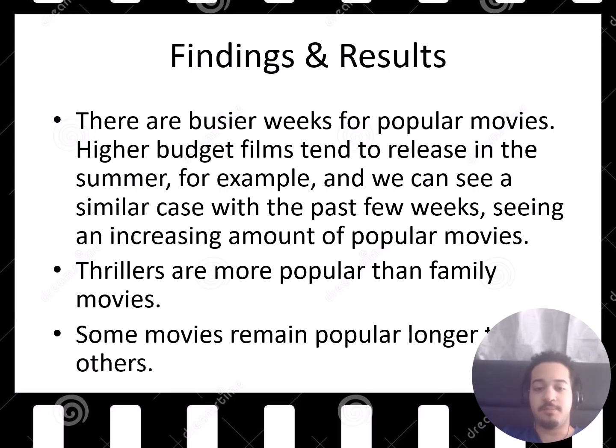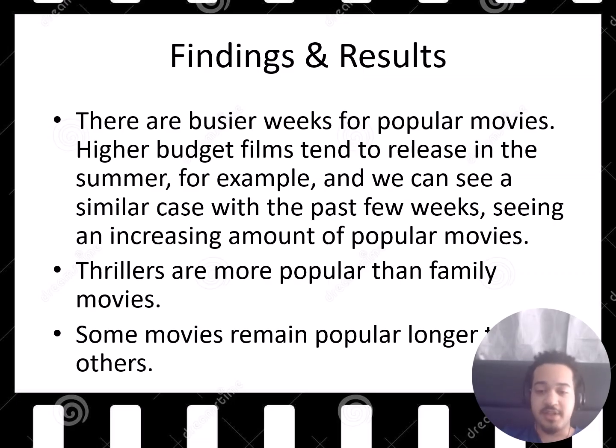Something else that is very obvious if you look at the pie chart in particular with the genres: family movies are not that popular. In fact, they're the least popular genre out of the ones that I chose to include. Thrillers are the most popular, with 13 thrillers trending at a given time, and family movies, only five of them.